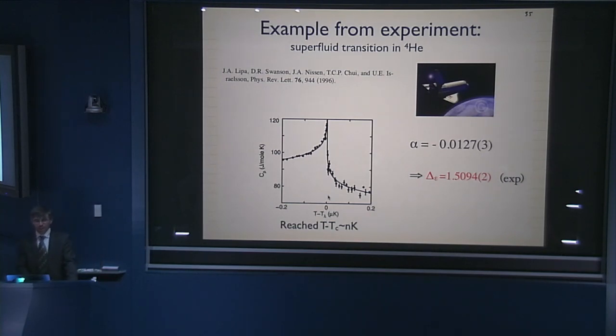And it turns out that as you approach this critical point, this specific heat diverges. Why does it diverge? Because of these fluctuations. There are lots of fluctuations in the system, and when you heat up, you have to heat up all of these fluctuations, and you need a lot of heat in order to do this. So this is this curve, this divergent specific heat.